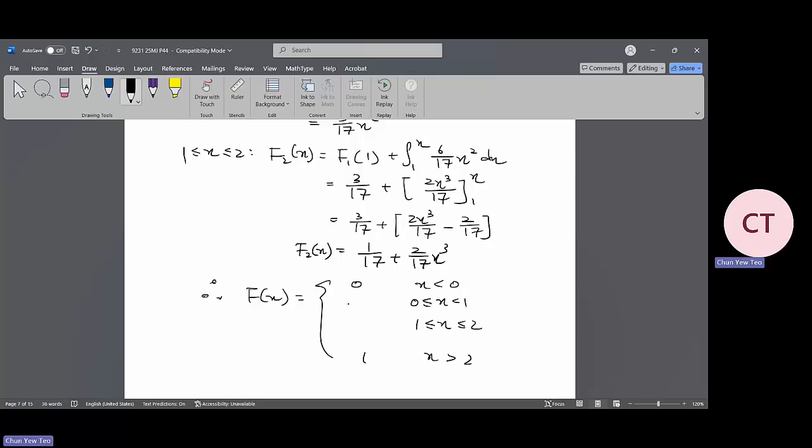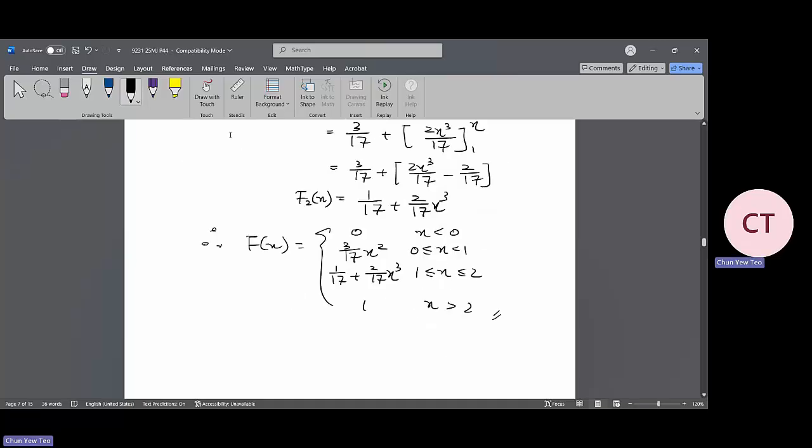So you put F1 inside. F1 is 3 over 17. This one is 1 over 17 plus 2 over 17 x cubed. That is the CDF of the function f.